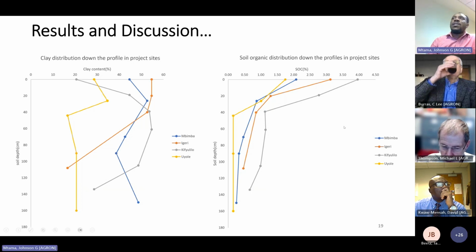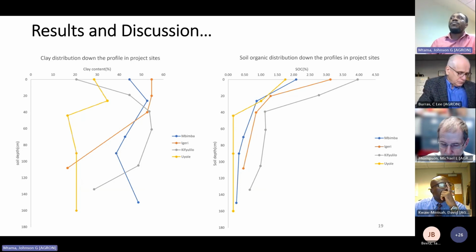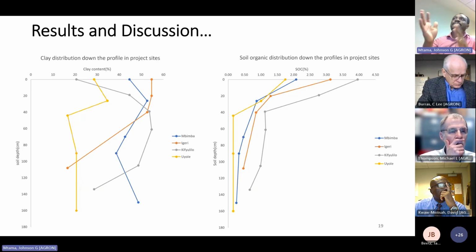Then this is the relation I was talking about for soil organic matter. The high soil organic matter and soil organic carbon in two sites, Kifyulilo and Igeri, but for Mbimba and Uyole, the amount of soil organic matter is not as high as the other two sites.